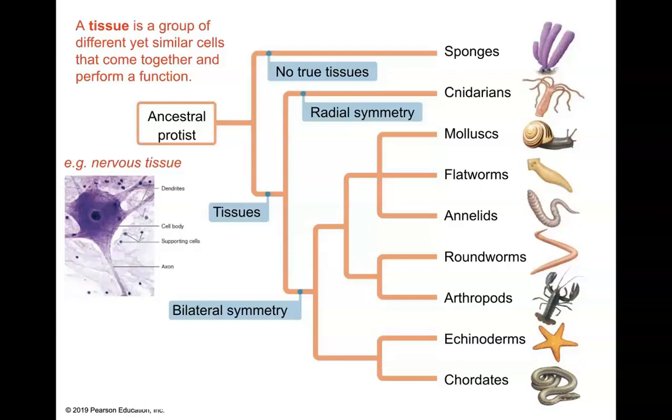So in the evolutionary timeline, I have an ancestral protist, that colonial flagellated protist that I discussed during the Cambrian explosion, that's going to be the ancestor of animals. And along that timeline, I acquired tissues in order to give us 8 of the different phyla. One of the phyla does not have true tissues.